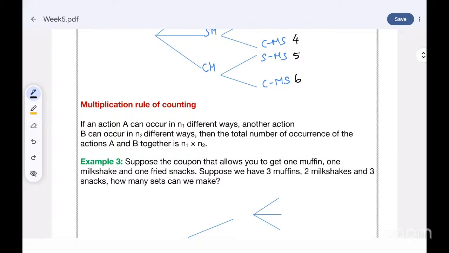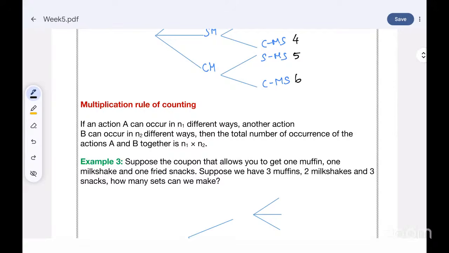Can you understand the difference between the previous scenario and this scenario? In the first case, we were allowed to take only one out of everything. Now you are allowed to take one from category A and one from category B. So how many possible sets are possible? N1 into N2.